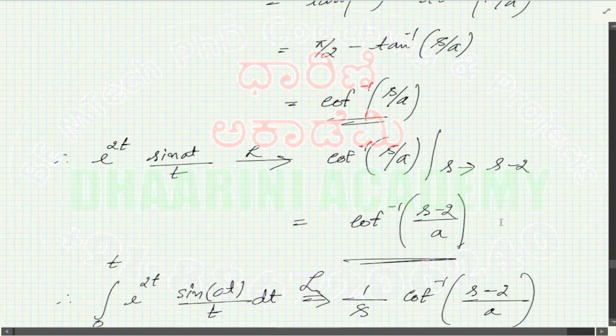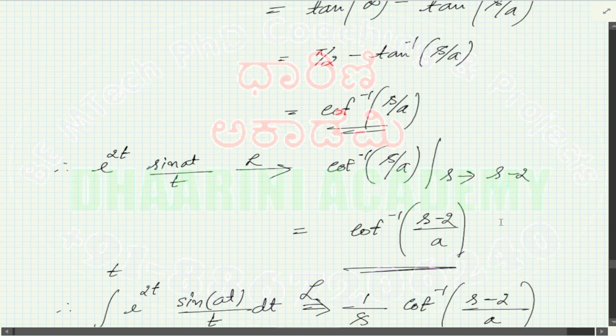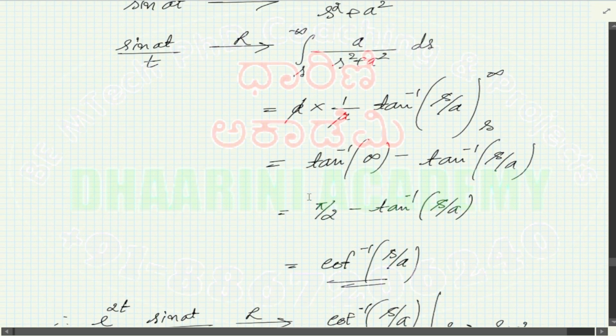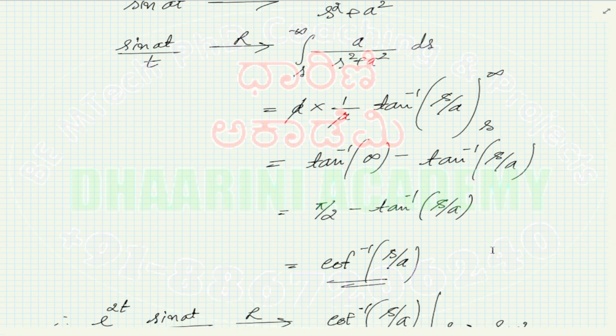Okay. Furthermore, in the middle we have a term called pi by 2 minus tan inverse of s by a. The property says that pi by 2 minus tan inverse equals cot inverse, right? All right.